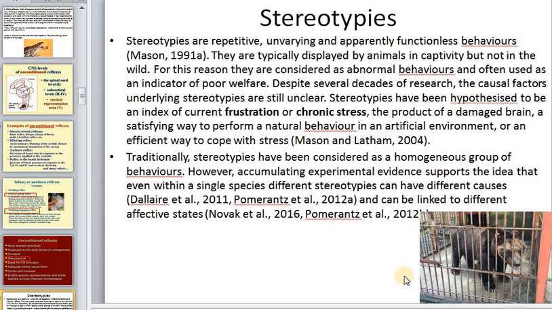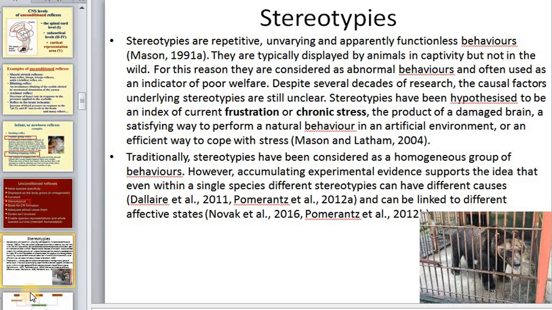Despite several decades of research, the causal factors underlying stereotypies are still unclear, and some stereotypies have been hypothesized to be an index of current frustration or chronic stress, the product of a damaged brain, a satisfied way to perform a natural behavior in an artificial environment, or an efficient way to cope with stress.